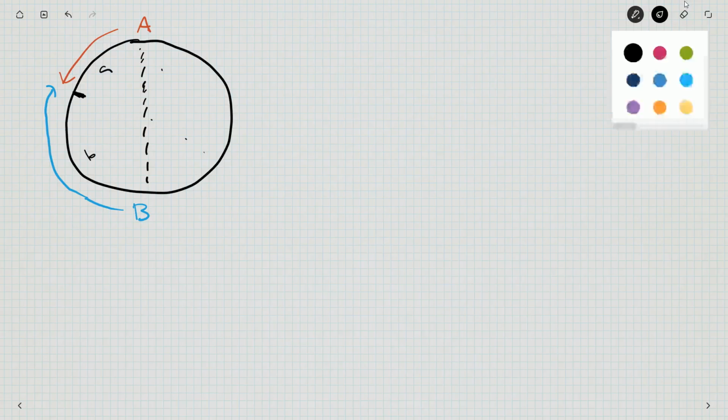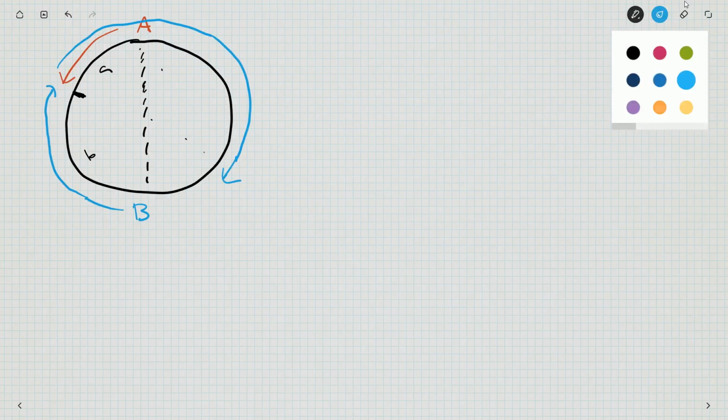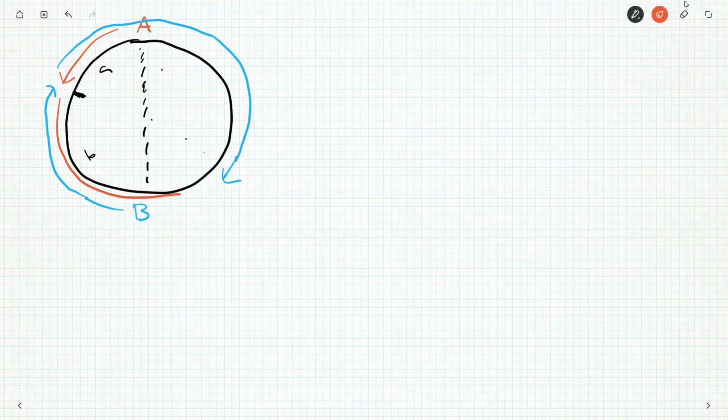So what's going to happen? Well, Beryl's going to keep going, I guess, and they're going to meet somewhere on the remainder of this circle. Right? But Beryl will again come, and in fact, she'll go twice the distance B around. She'll come around, and Alphonse won't have gone quite as far, but he'll keep going, and they'll meet again.